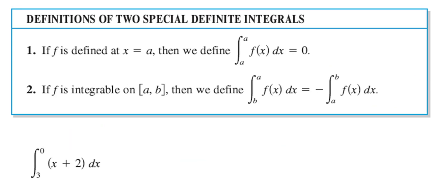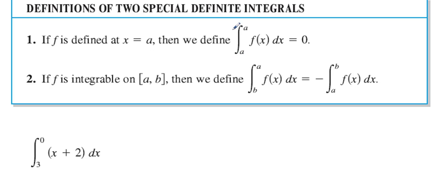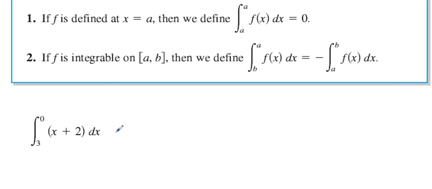Okay, you don't have to copy these down. We should already know these. If we have the integral from a to a, that's always going to be 0. And then again, if we need to flip the bounds, put a negative out in front. Okay, real quick then, what do I do with this one?